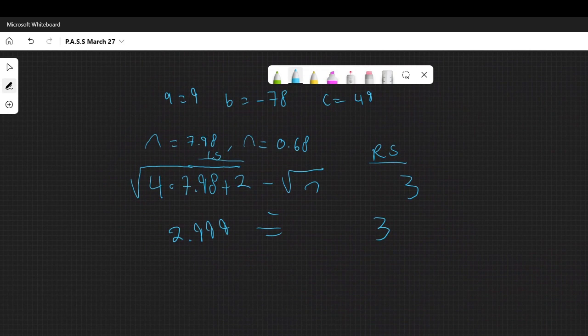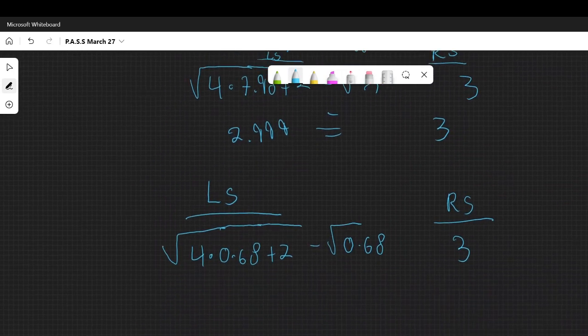So now let's check our n equals 0.68. So we have our left side, and we would have 4 times 0.68 plus 2 minus the square root of 0.68, and our right side is 3.